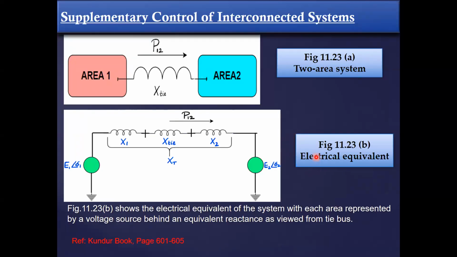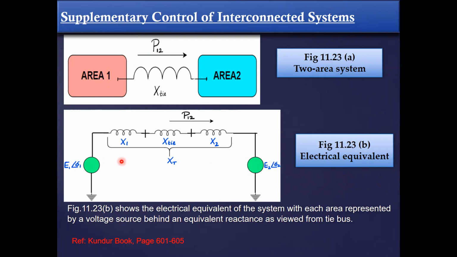In this slide, what is shown is an area 1 and area 2, and the power flow is through a tie line, which is an inductive line, as we have shown. As indicated, the power flow is from 1 to 2. The electrical circuit representation for the two areas can be something like this. You have the excitation EMF of the AC source for the two ends, and then the corresponding bus angle or rotor angle.